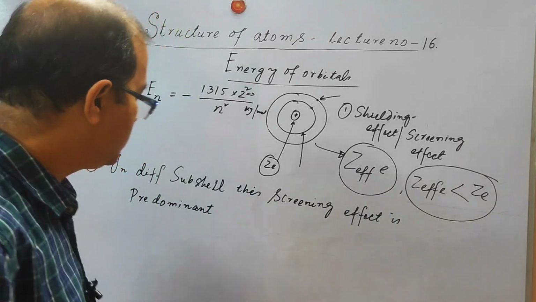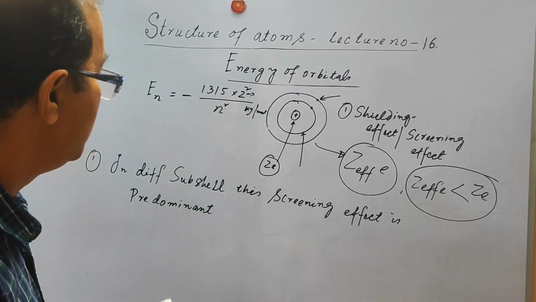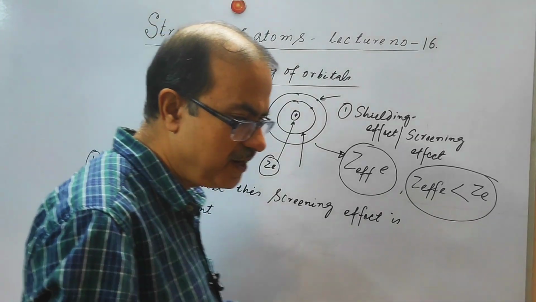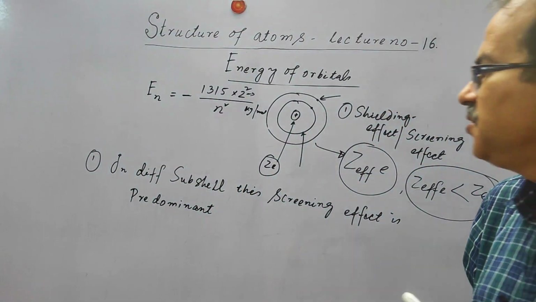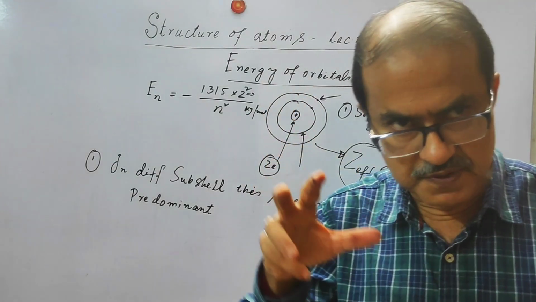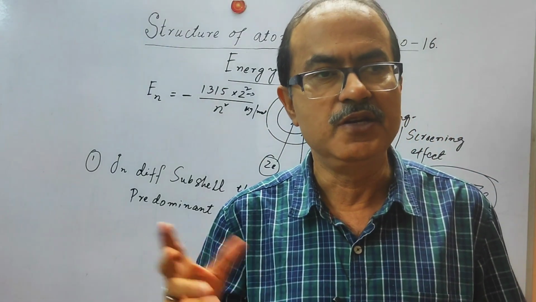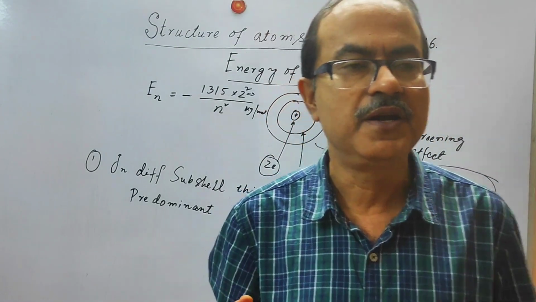The screening effect is predominant in the different subshells also because of the different shapes of the orbitals. We know the s orbital is spherical in shape, the p orbital is dumbbell shaped, and the d orbital has its own defined shapes.